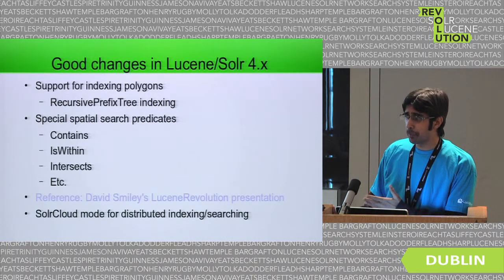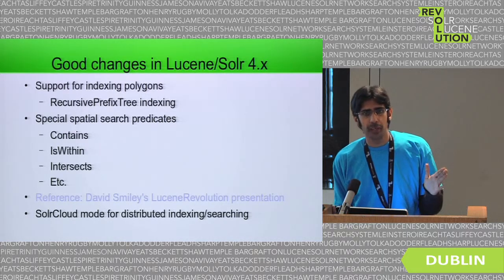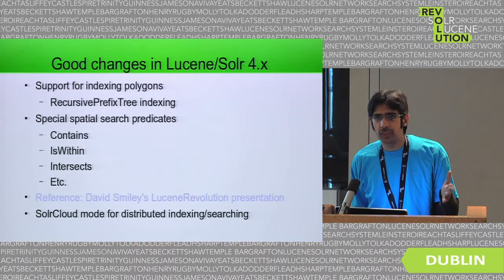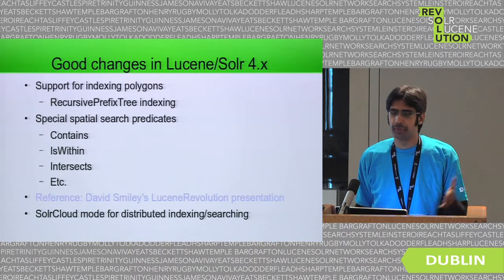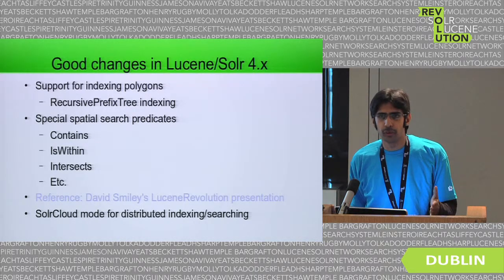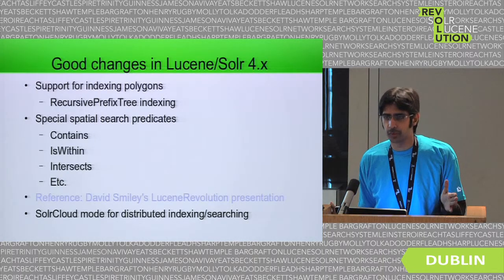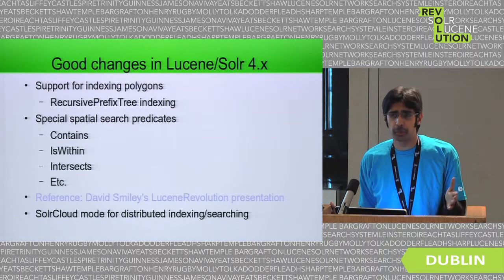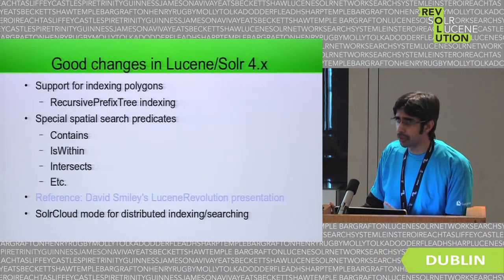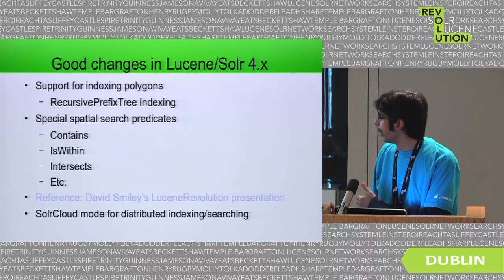The kind of spatial capabilities that have been brought into Solr were previously only known to be present in PostGIS or more traditional GIS systems. There have been other commercially available GIS systems, like ArcGIS, which have been the state of the art in spatial search, processing, and filtering. But thanks to David Smiley and his work, very good features are now available in Solr.